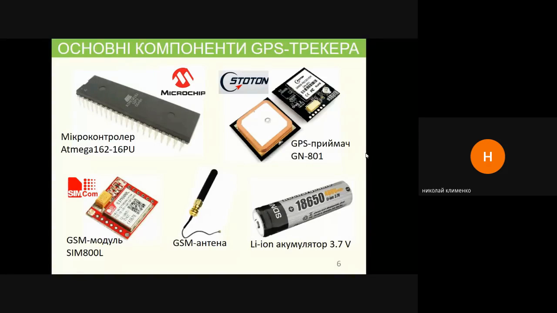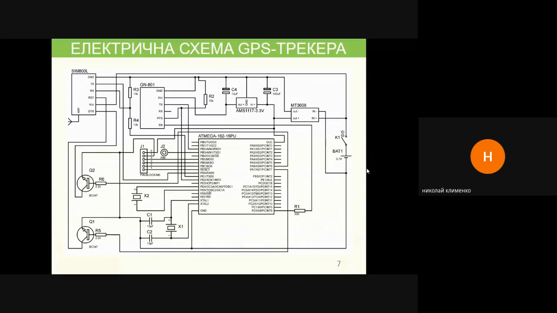На основі проведеного аналізу функцій GPS-трекерів обрано необхідні радіоелектронні компоненти, такі як мікроконтролер, GPS-приймач, GSM-модуль, GSM-антена, літій-іонний акумулятор та інші компоненти. На основі обраних компонентів розроблено електричну схему GPS-трекера. Головний контролюючий модуль GPS-трекера – це мікроконтролер, який приймає координати від GPS-приймача і передає команди GSM-модулю.